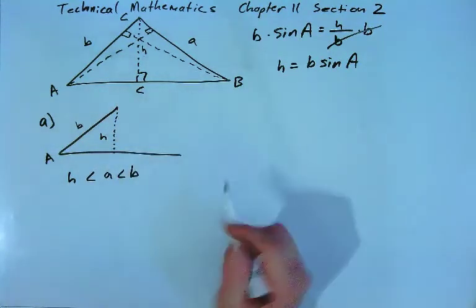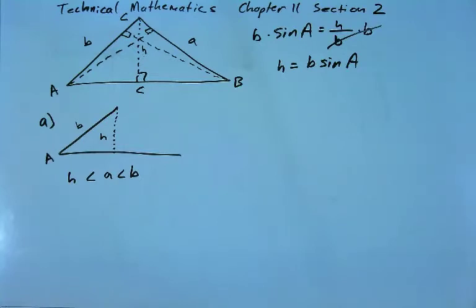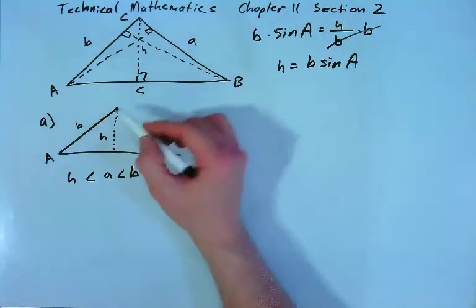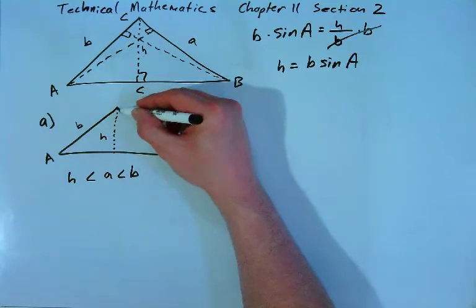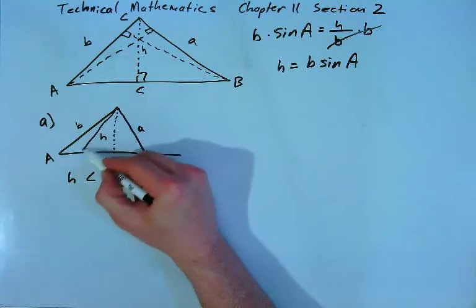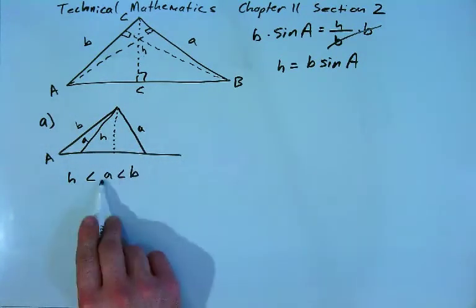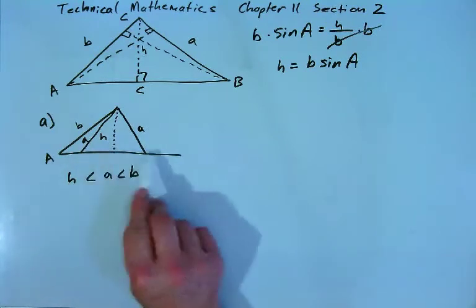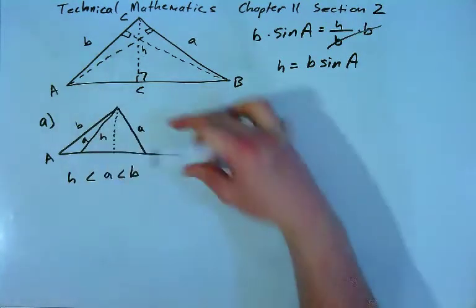A is longer than the height of the triangle, but it's smaller than the side B that was given to us. If that's the case, A has 2 different possible positions. A either falls here, or A can fall here. Okay, and I hope that makes sense to you, because A is longer than h. It has to not fall directly on h.